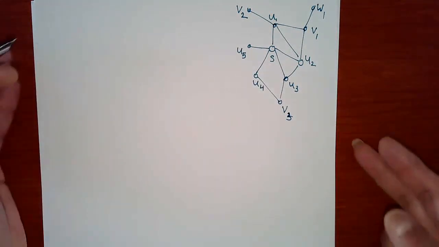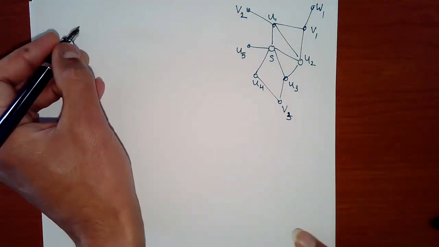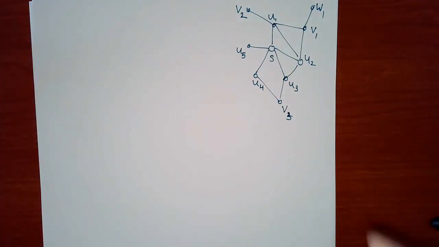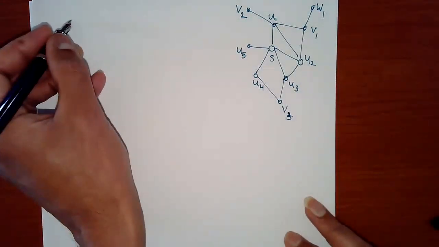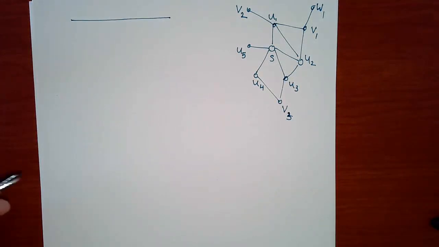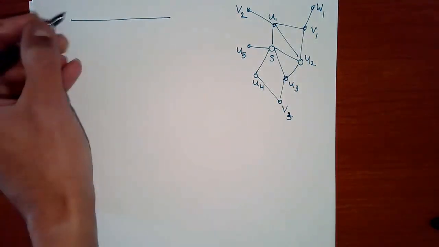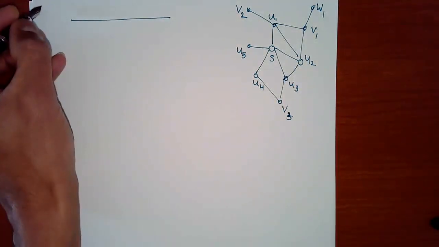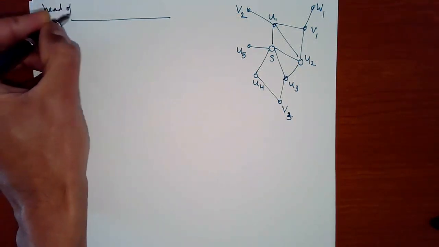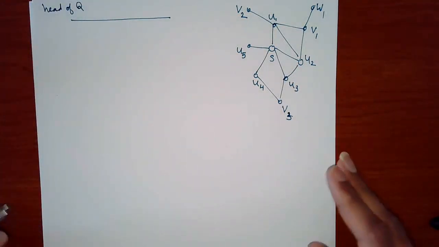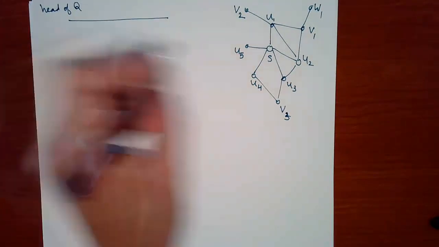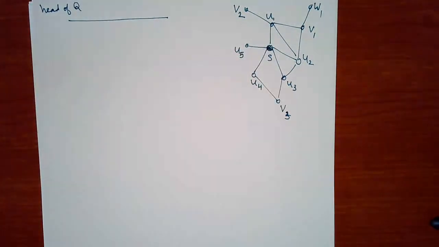All right. So I'm just going to write out what the queue looks like. Okay, so this is what the queue looks like at the beginning. This is the head of the queue. So initially it had S, which was visited. What's going to happen after the first loop?